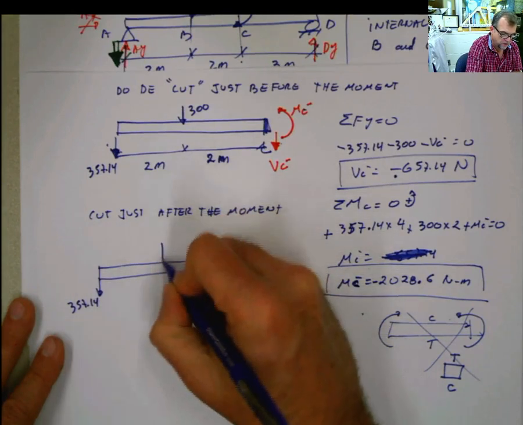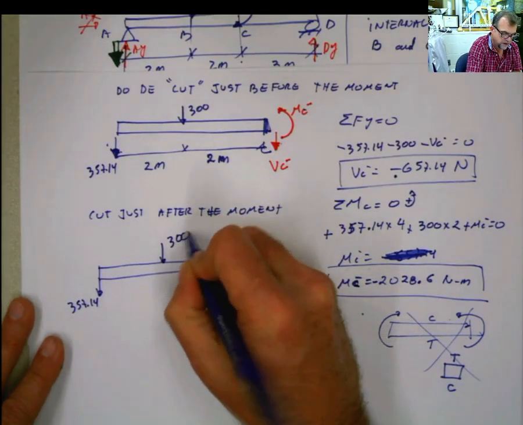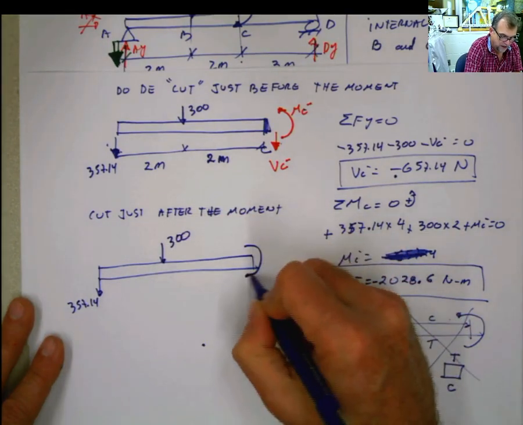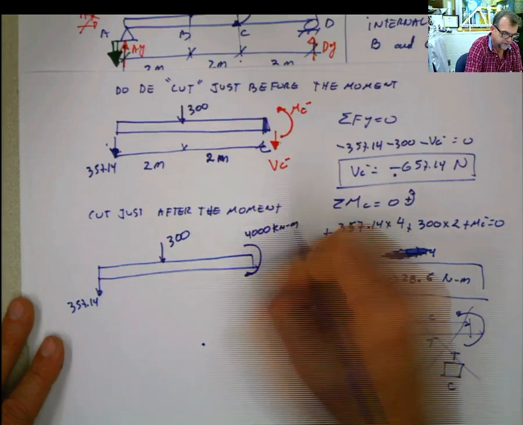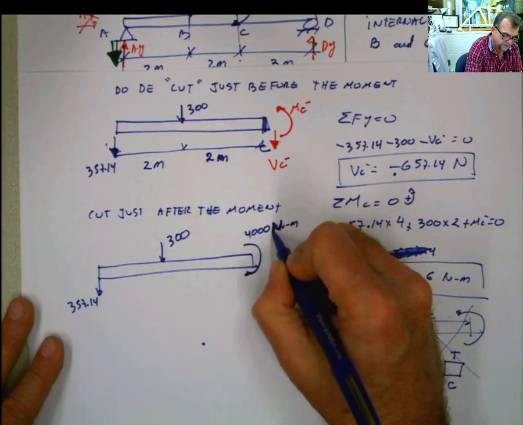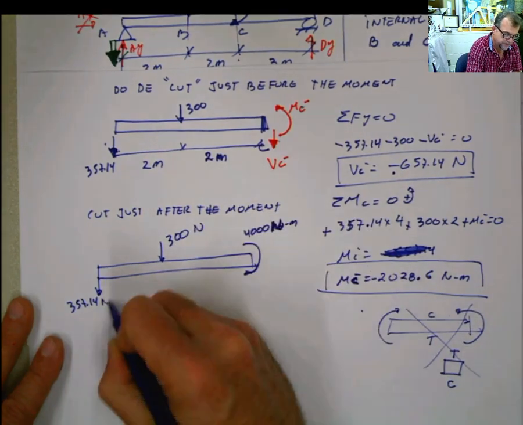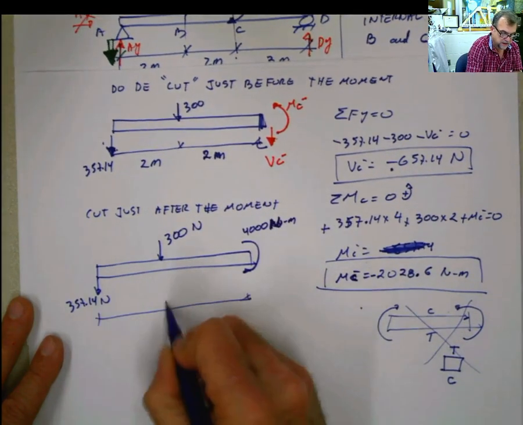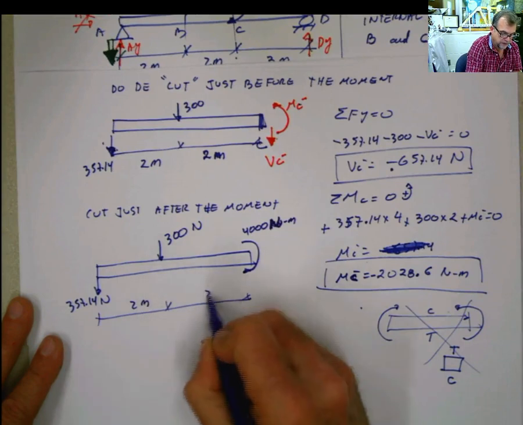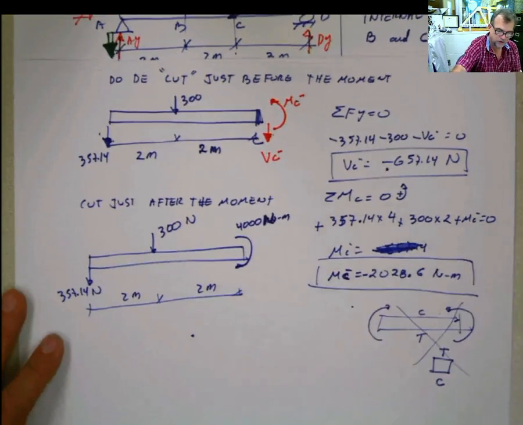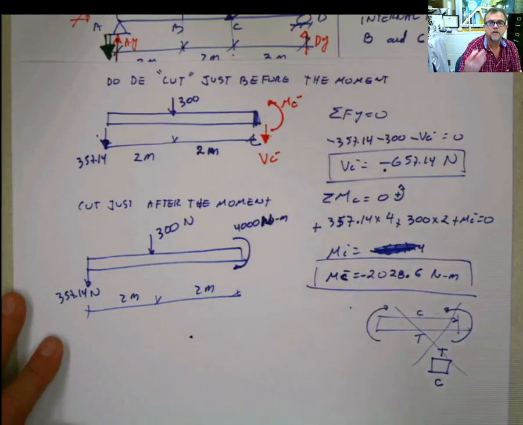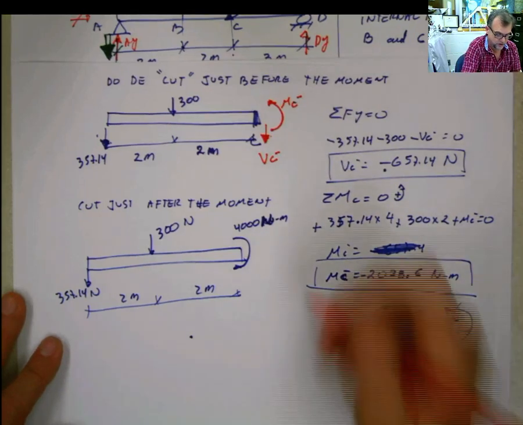This force is the same. Now we have a moment applied here of 4,000 Newton meter, sorry. Distances are the same. Math freaks, 2 plus differential if you want to. They always correct me on that. And by the way, my vocabulary, freak is not a bad word, it's a good word.